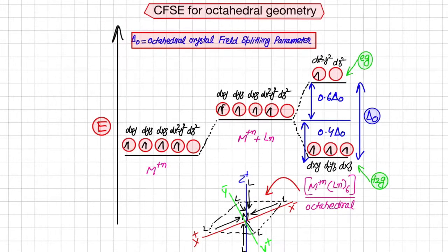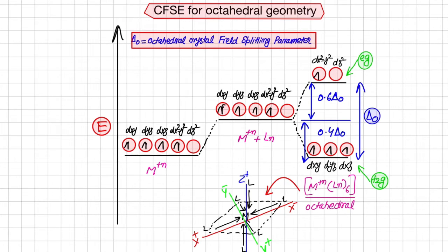The question may arise here: why has the 4th electron gone into the dx square, y square and dz square orbitals, the high energy orbitals? The reason is that when there is a weak field ligand, this gap is small. So the electrons follow Hund's rule, that if space is available, electrons prefer to be placed in separate orbitals with the same spin rather than in the same orbital with opposite spin.